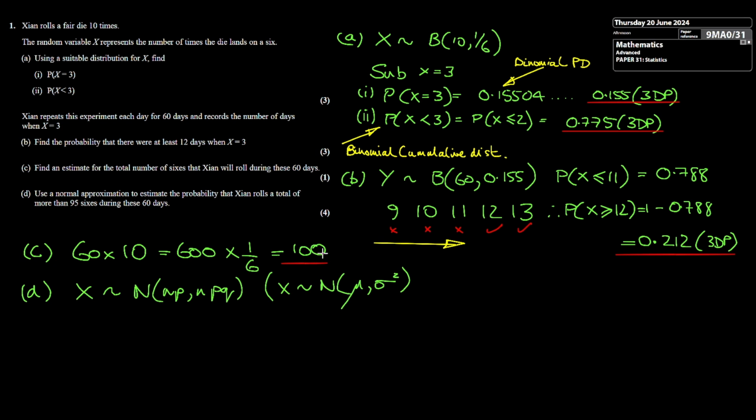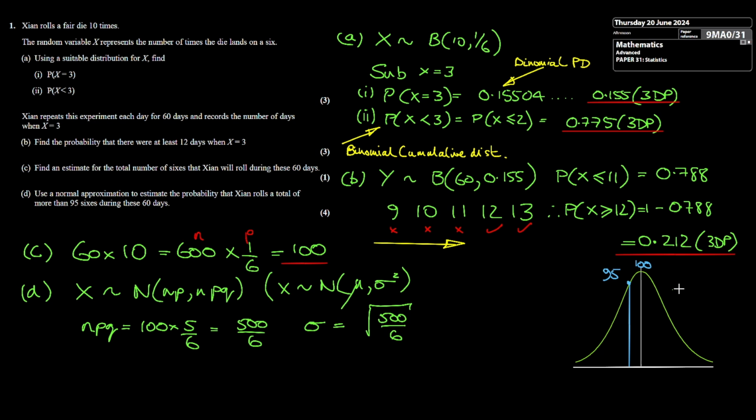Mu is the mean, and this is the number of sixes he should get, this being n and this being p. So we know np already. All we've got to work out is npq. Well, this is going to be equal to 100 multiplied by 5 over 6, the probability of failure. So this is 500 over 6. So to get sigma, we need to square root our result.